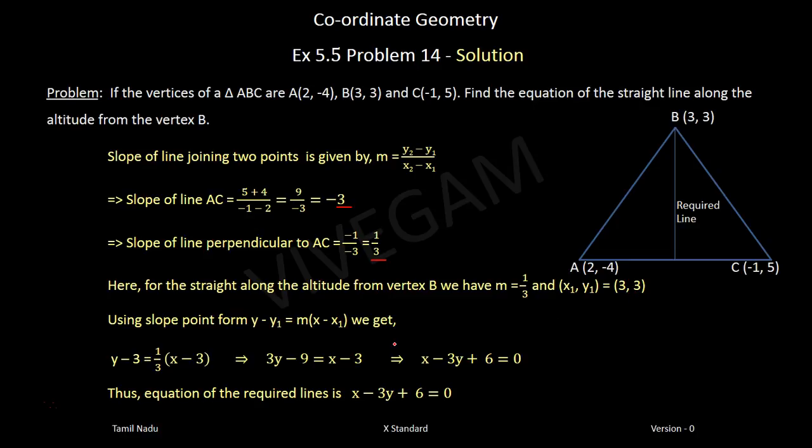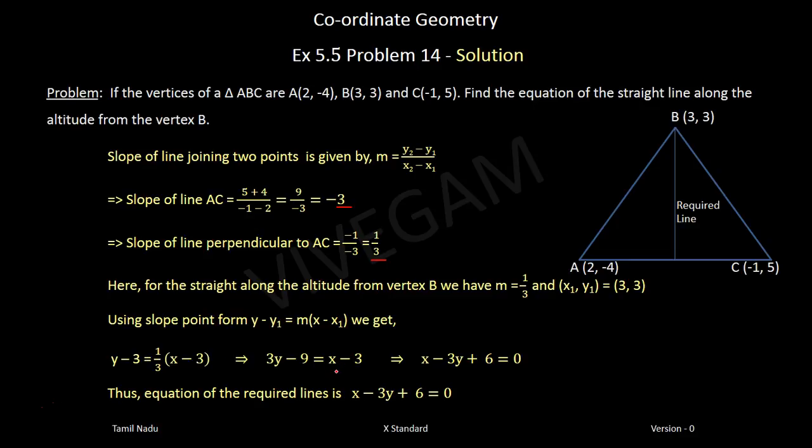Using the slope point form, y minus y1 equal to m into x minus x1, y minus 3 will be equal to 1 by 3 into x minus 3. This 3 goes up, so it becomes 3 into y minus 3, that is 3y minus 9, equal to 1 into x minus 3, that is x minus 3.